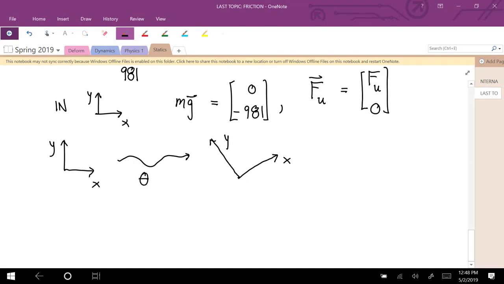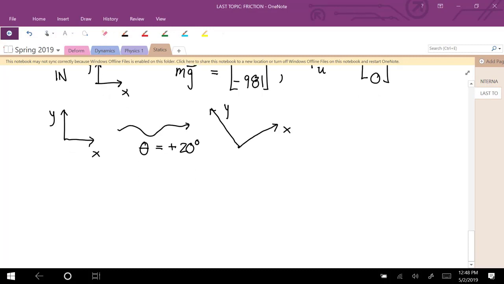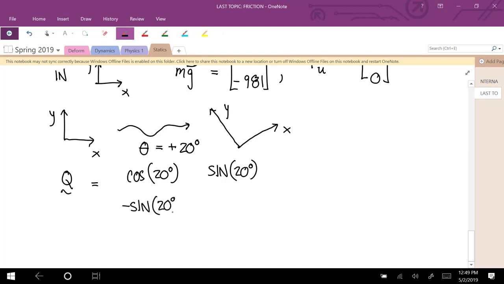Counterclockwise, so is theta going to be positive or negative 20 degrees? Positive. Counterclockwise is positive. And so our rotation matrix is cosine of positive 20, sine of positive 20, negative sine of positive 20, cosine of positive 20.